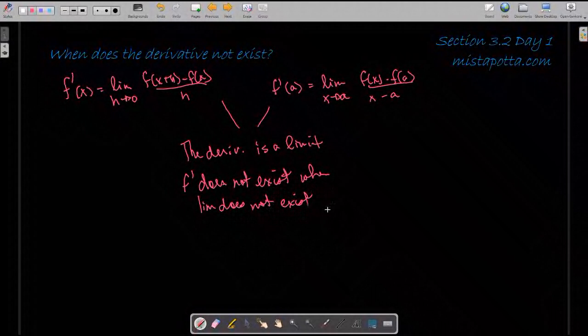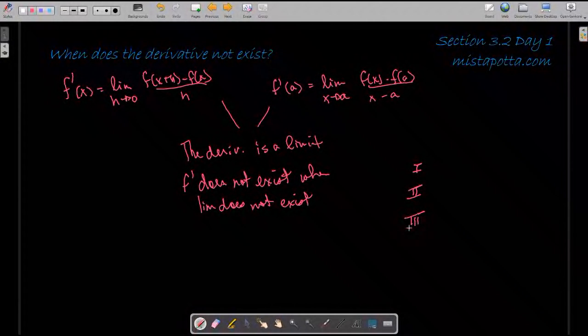And we've talked about the limit when it exists and when it doesn't exist quite a bit throughout chapter 2. There's basically a three-step process that we're looking at.